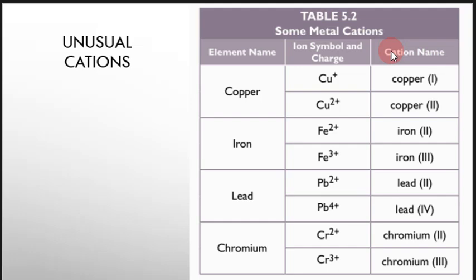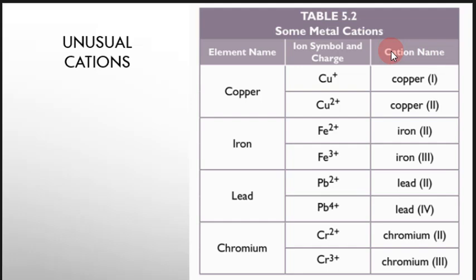And chromium. Remember I told you the middle group tends to act strangely? These are in that group of kind of weirdos. But they're somewhat predictable, but not 100% of the time. So when I tell you about using these metals, I'll have to give you additional information for you to understand how to use them.